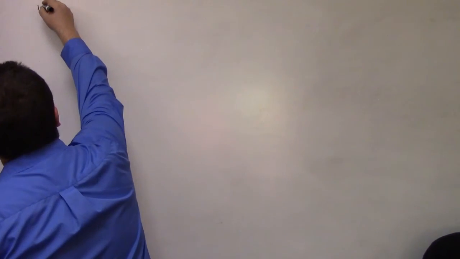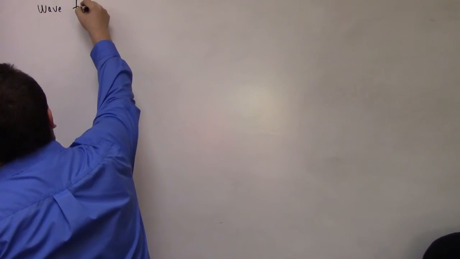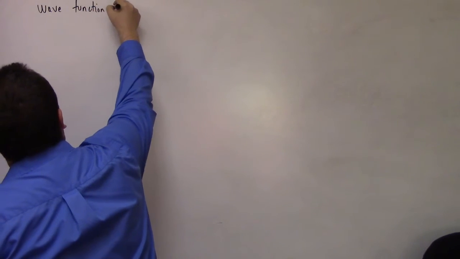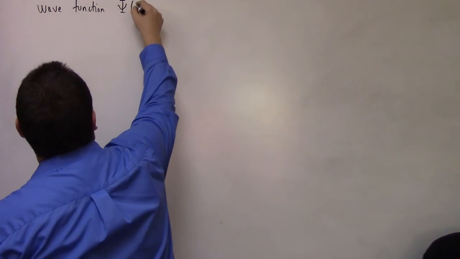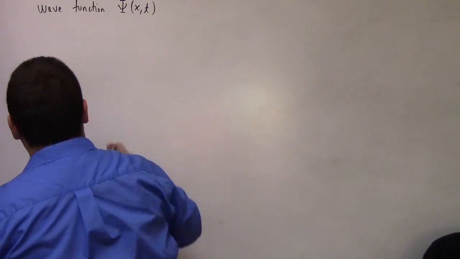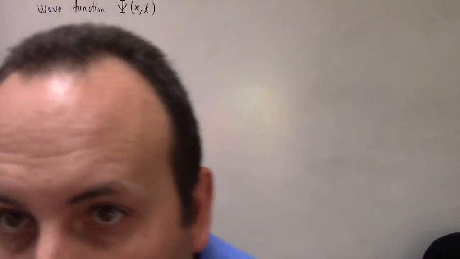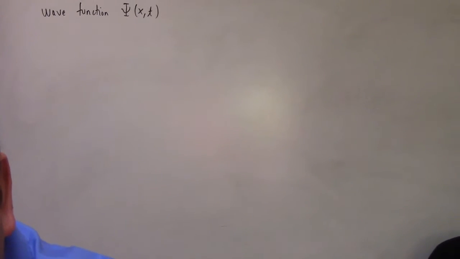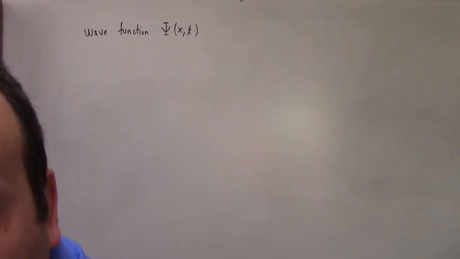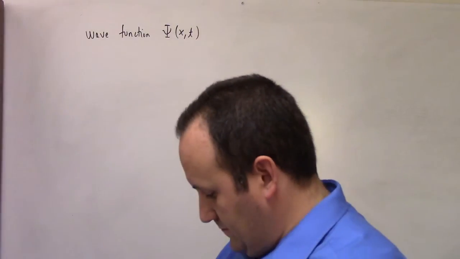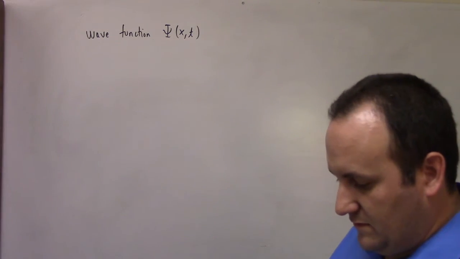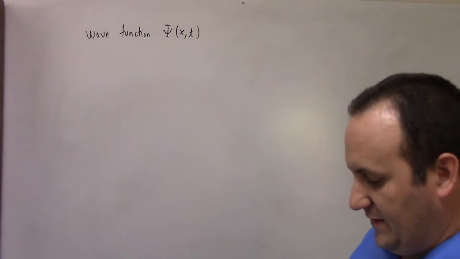So here's the story. We've talked about the wave function psi, which is a function of x and t. That's a solution to the possibly time-dependent Schrodinger equation.